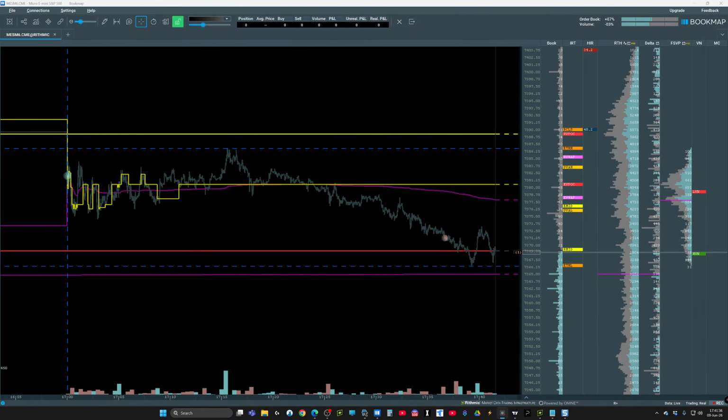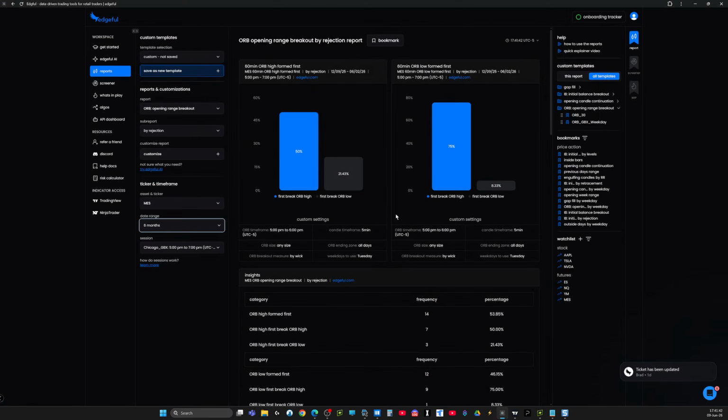The thing that I've noticed here, and that you need to remember using the statistics in Edgeful, is that when it's sorted by day, there are very few occurrences.